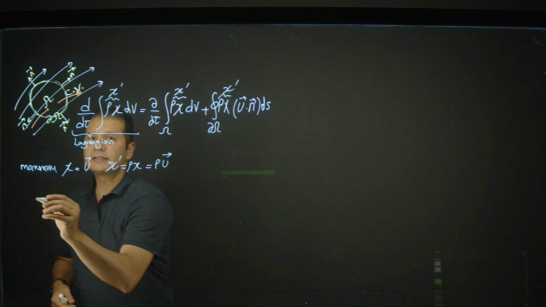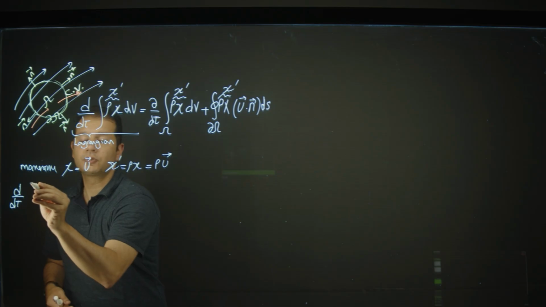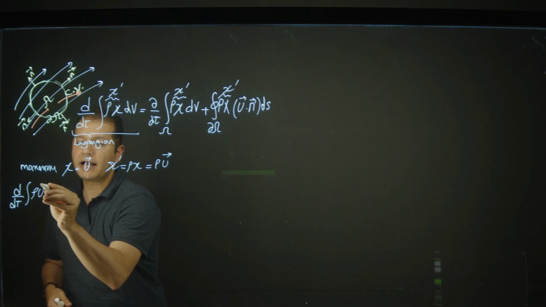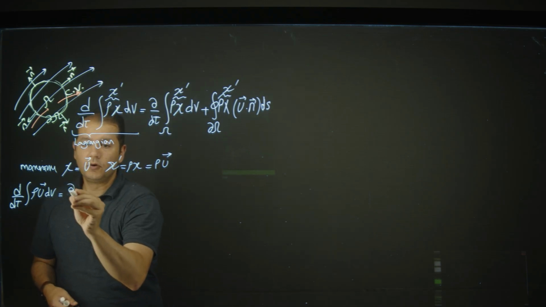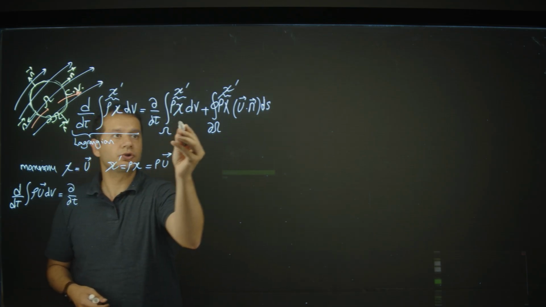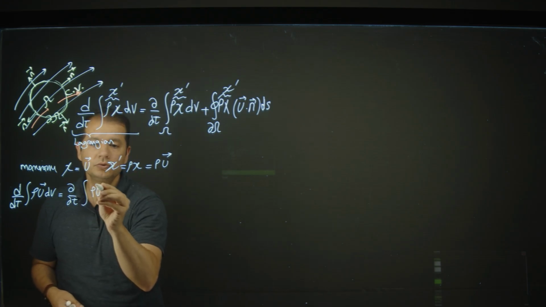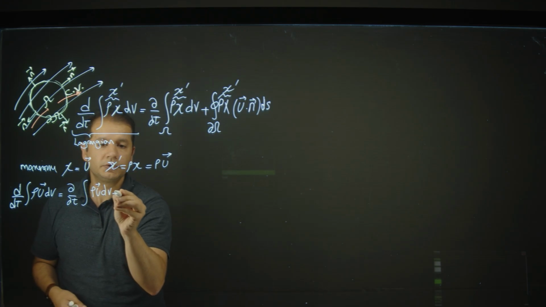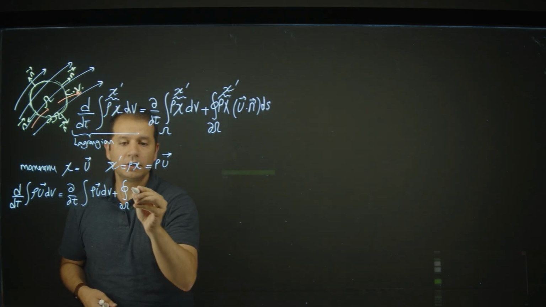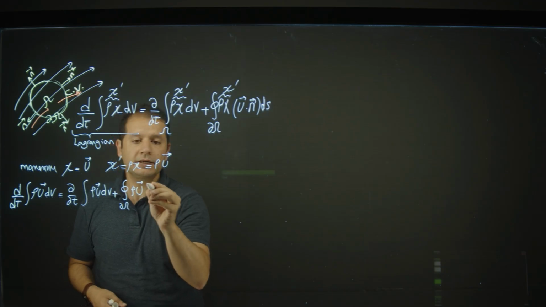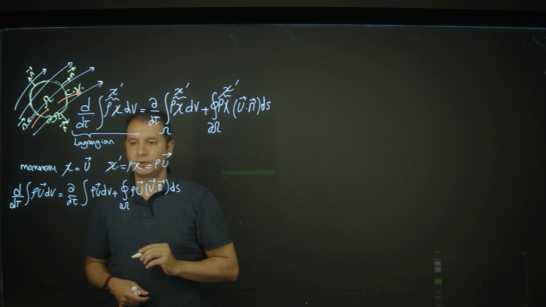So I'm going to write the change over time of the total momentum that I have. It will be the change over time at the fixed location of my control volume, which is the Eulerian system, which is d/dt of rho u dV plus flux of momentum at the boundary of rho u, then u dot n dS.